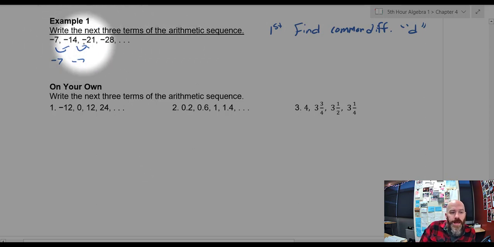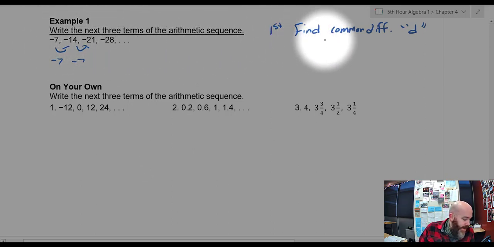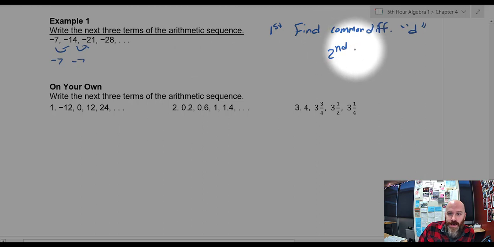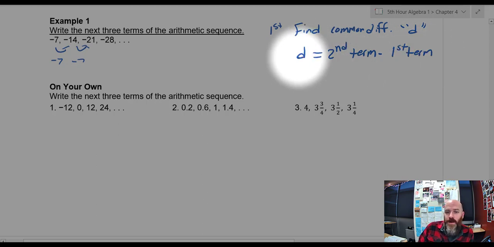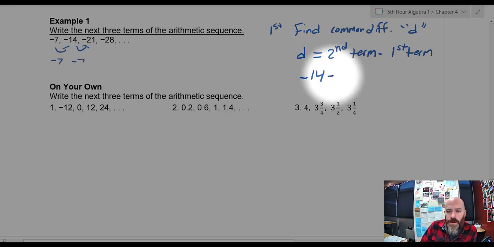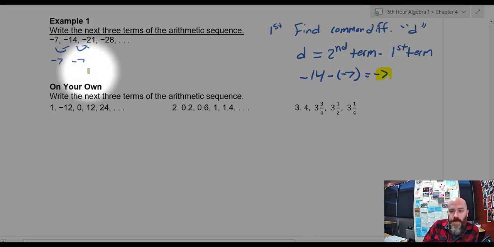Another way you could do it, if you can't see it on your own, is if you take the second term and subtract the first term, that will tell you your common difference. So, for example, I could put -14 minus -7, and that gives me -7, which we saw is the same.